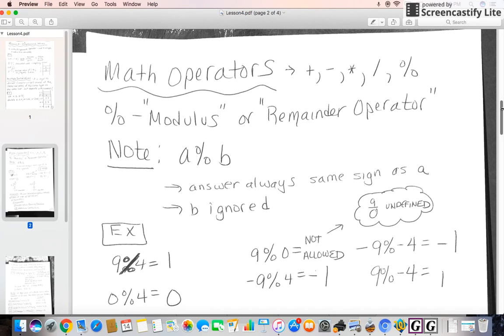It just depends on what book you're using about Java. The format is going to be a % b. The answer will always be the same sign as a, whatever the remainder is, and it doesn't really matter what the sign of b is.